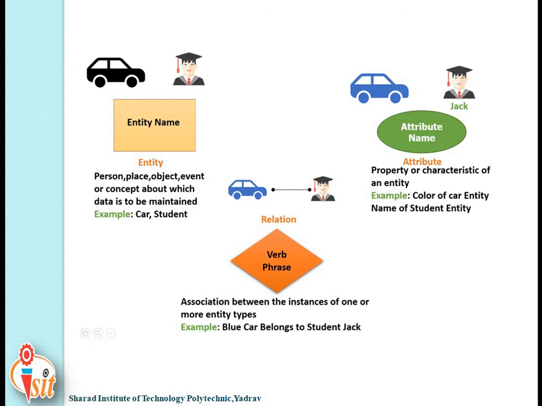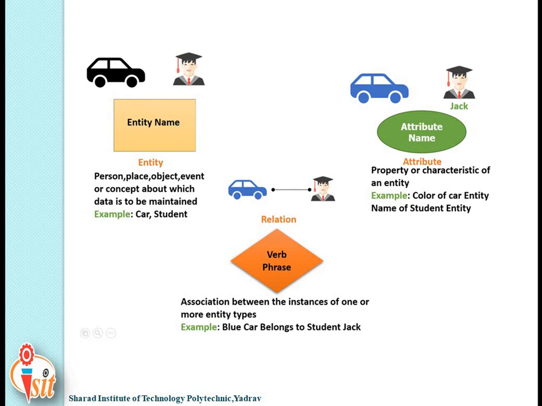For example, car and student. After that, a property or characteristic of an entity is known as an attribute. For example, the color of the car entity is blue, and the name of the student entity is Jack.